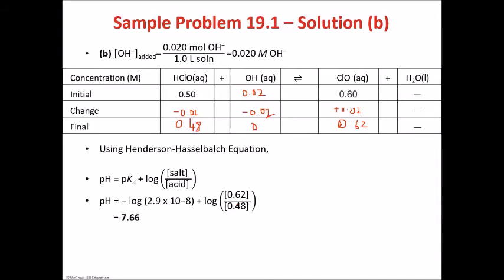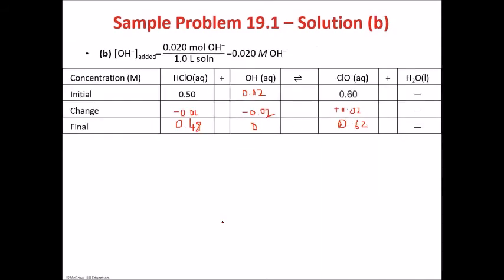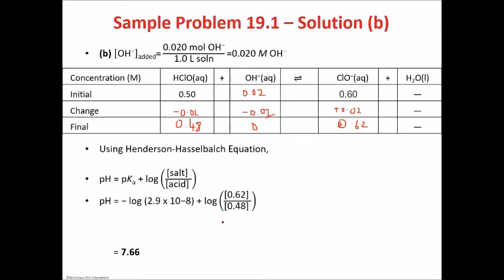Alright, so adding hydroxide ion increases the pH of the buffer solution slightly. Before, you can see it was 7.62. When you add the base, 0.02 molar, it increases slightly to 7.66.